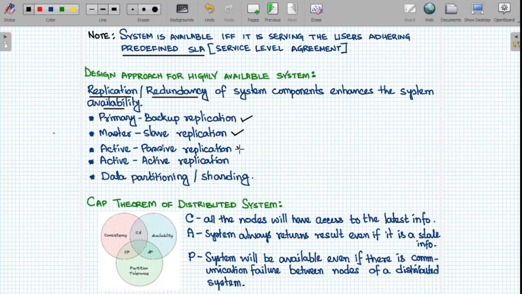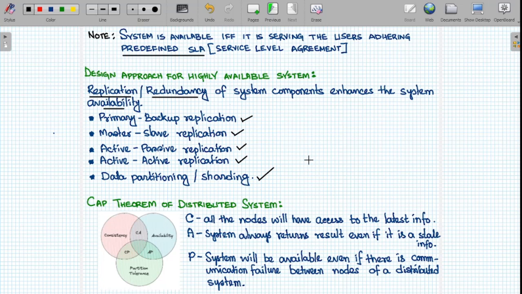We can have active-passive replication or active-active replication. Apart from these replications, we can also enhance the availability of our system with the help of data partitioning or sharding.